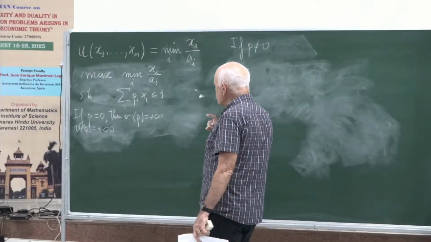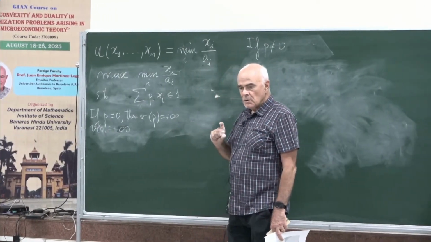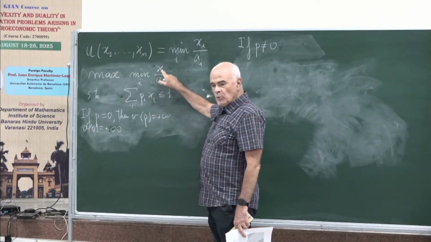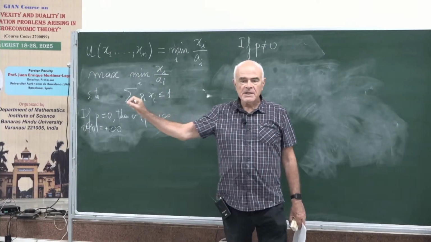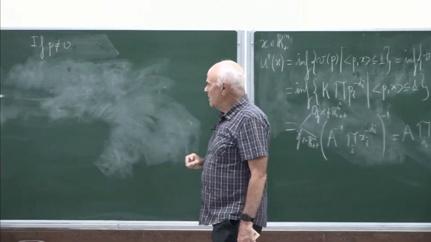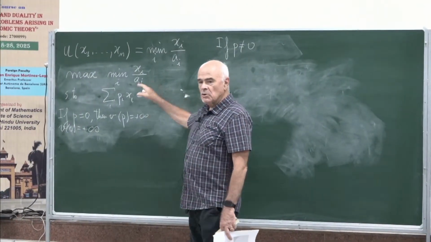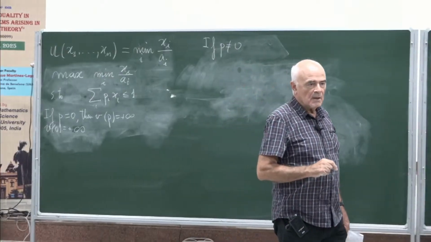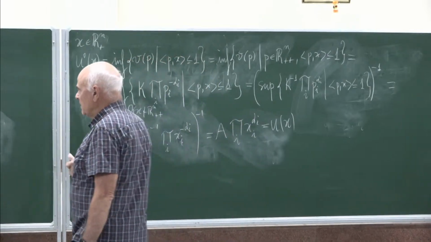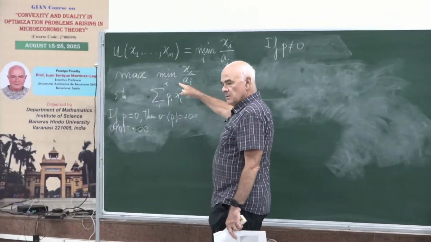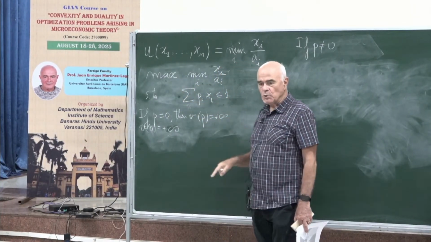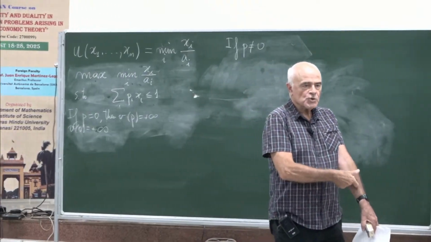I mean, I can restrict my attention to points for which all the xi over ai are the same. Suppose you give me one point in which they are not all the same. I will provide you with a better point. Better in the sense that the objective function value is larger. We are maximizing, and still my new solution will satisfy your constraint.